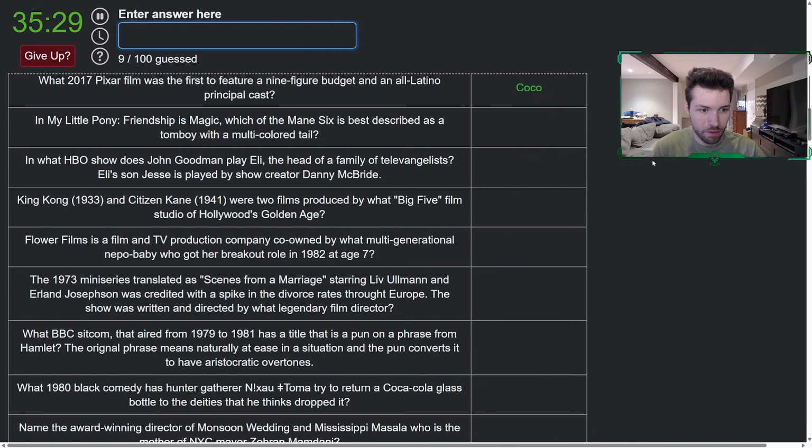Flower Films is a film and TV production company co-owned by what multi-generational Nepo baby who got her breakout role in 1982 at age 7? Okay, so born in 75. So she would be like 50-ish right now. Gyllenhaal. She's not that old, is she?